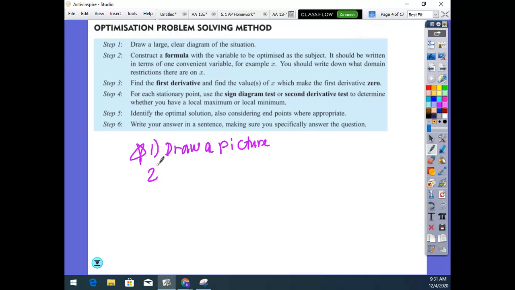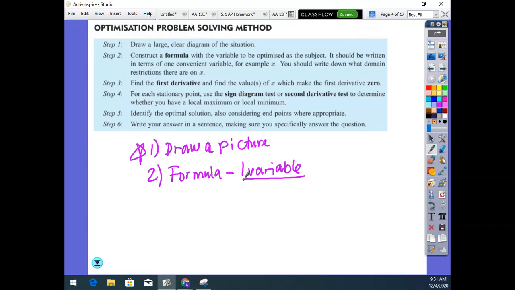Number 2, you need a formula using only one variable. Getting it to one variable is sometimes the hardest part, and that's what we're going to work on.